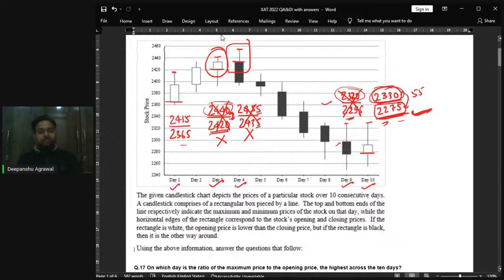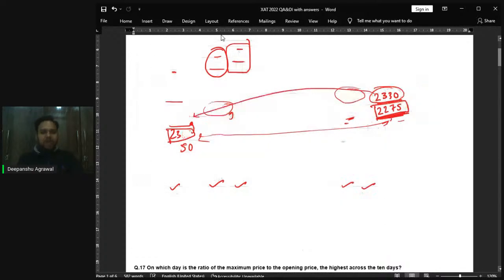Okay. So in day 1 also, we see that there's a difference of 50 between numerator and denominator. And the denominator is much higher than the denominator of day 10. So the denominator is higher and the numerator is not that much higher.